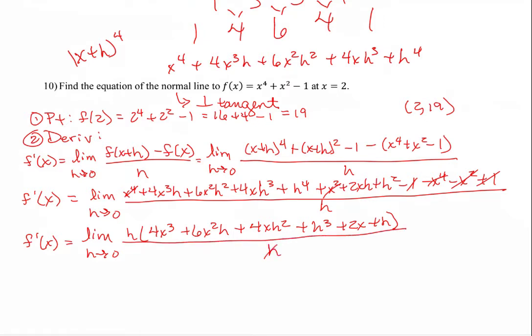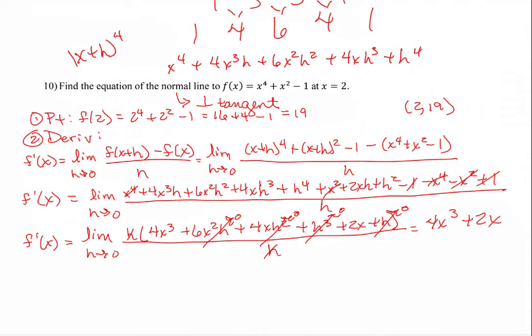Cancel my h. Now, just to save time, I'm going to go ahead and let h go to 0. So this h goes to 0, this h goes to 0, this h goes to 0, and this h goes to 0. So what I'm left with is 4x cubed plus 2x.